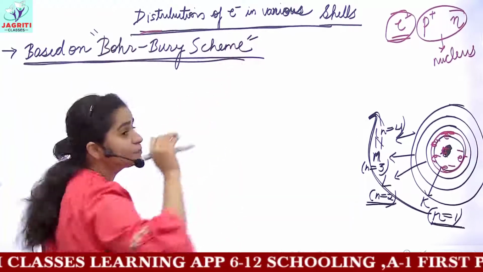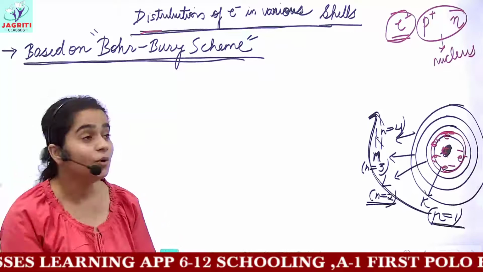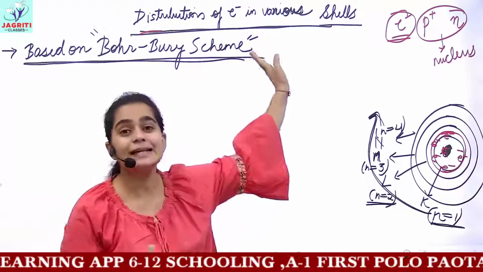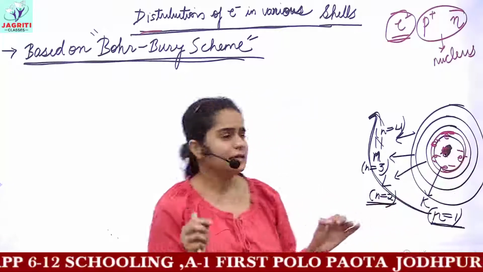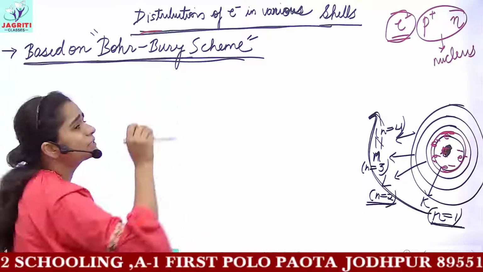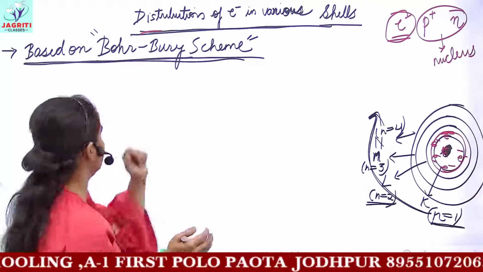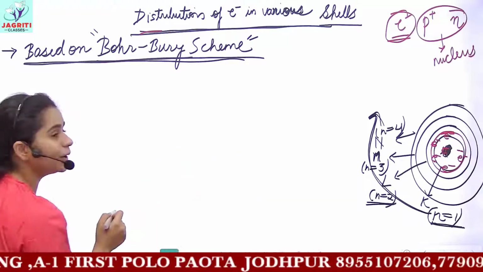This scheme was proposed in order to tell you how you can arrange the electrons in an atom. Bohr and Bury proposed certain rules for arrangement. So now we'll see the rules one by one.